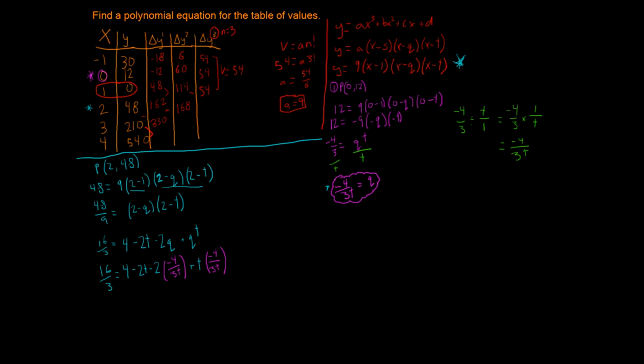So now we have this, and we can definitely expand the multiplication of the things that we just substituted in. So we're going to do 16 over 3 is equal to 4 minus 2t. So the negative 2 times negative 4 is going to be 8 over 3t.